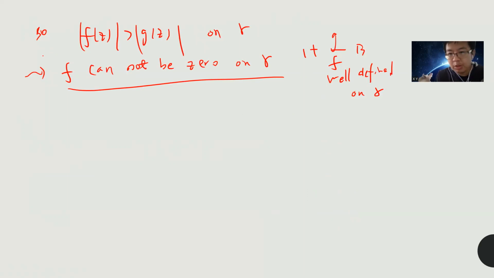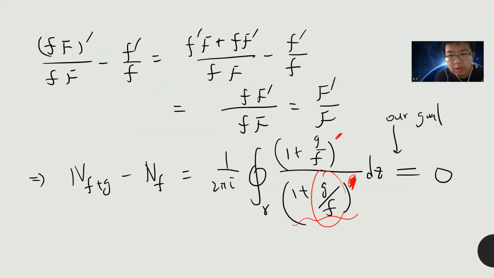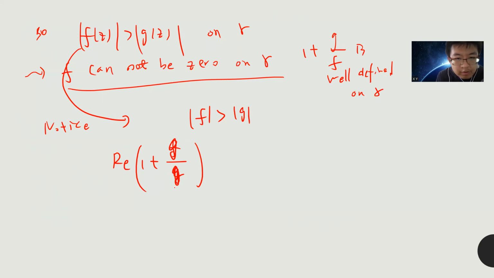Also notice that since |f| is greater than |g|, if you take the real part of 1 plus g divided by f, the term g divided by f has absolute value less than 1, so the real part is at most 2 and also greater than 0.